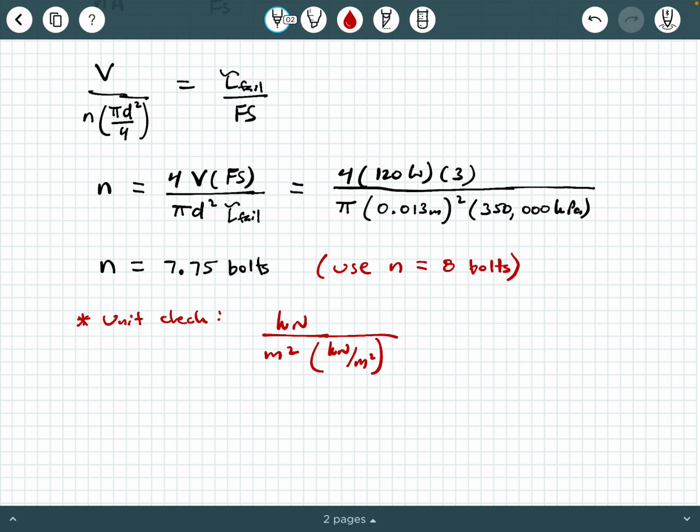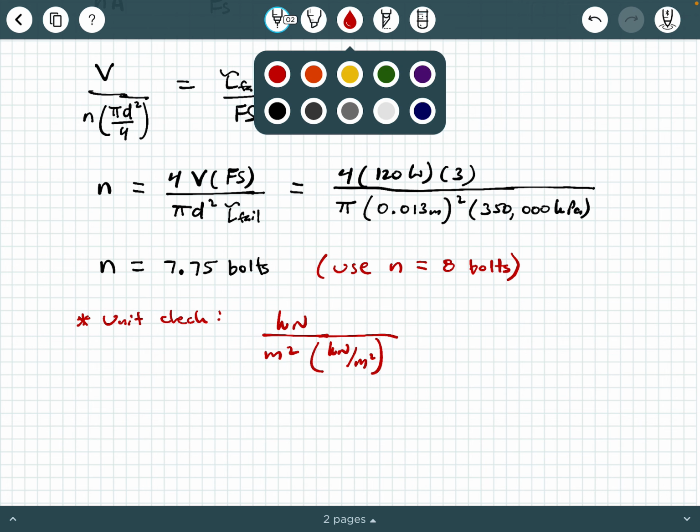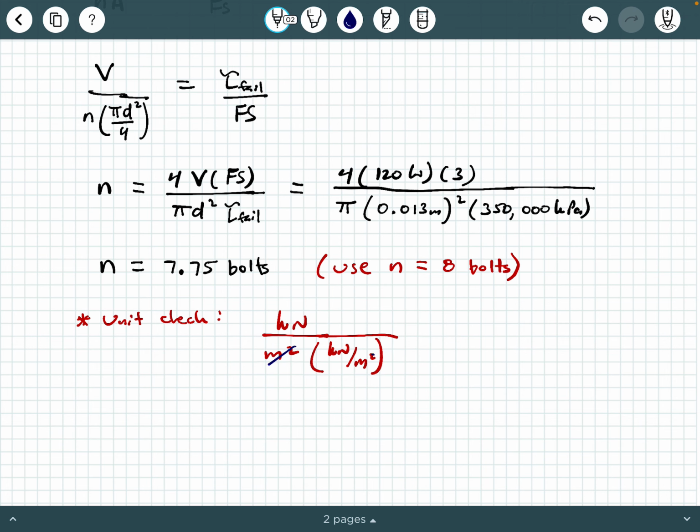Okay, so what happens here? Well, we should immediately see that the meters squared cancels and the kilonewtons cancel. And so you might be looking at this and saying, well, this is unitless. But it's not really unitless because we know what the meaning of V over N is. N is the number of bolts that is baked into our algebra.